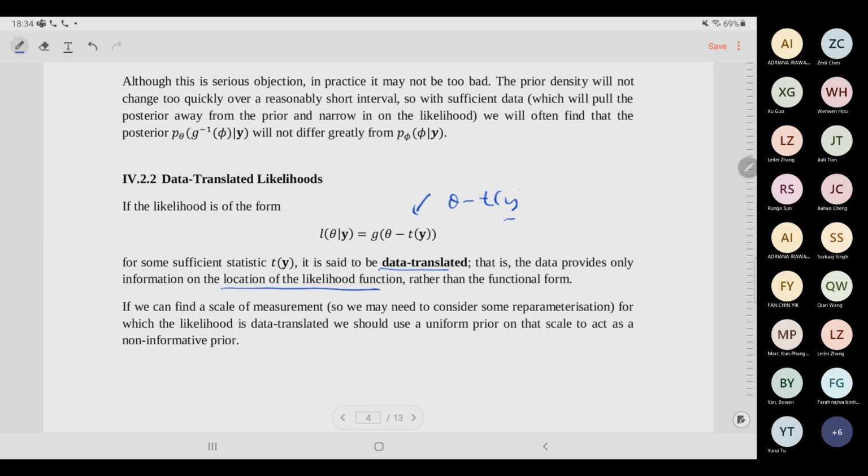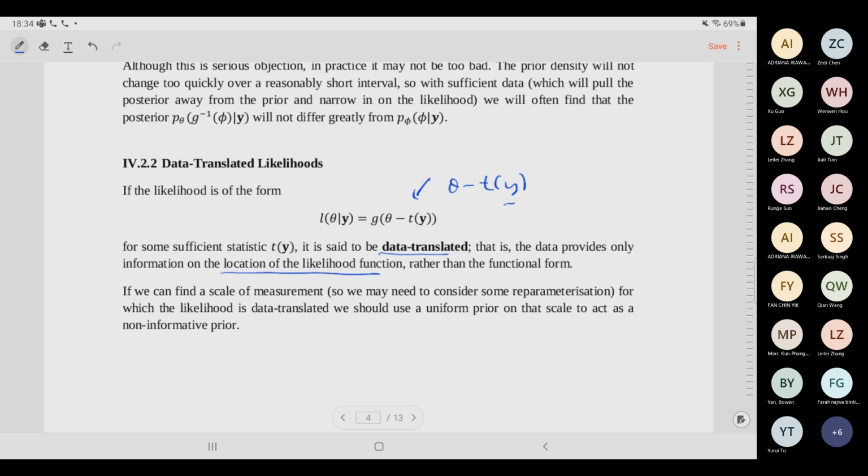If you can find a scale of measurement, or some transformation, where the likelihood is data translated, then we should use a uniform prior on that scale, because it becomes a non-informative prior.